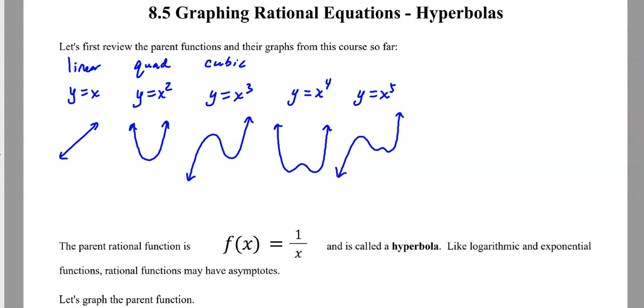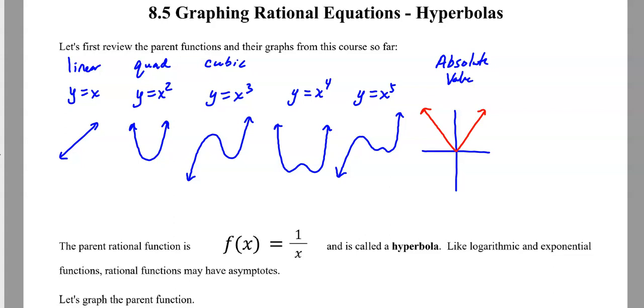Then we also had absolute value. So absolute value equations, those were like a V. So you had your axes, and then those kind of looked something like this. And they could flip up, they could flip down, they could go left, right, they could get skinnier, they could get fatter, all that type of good stuff.